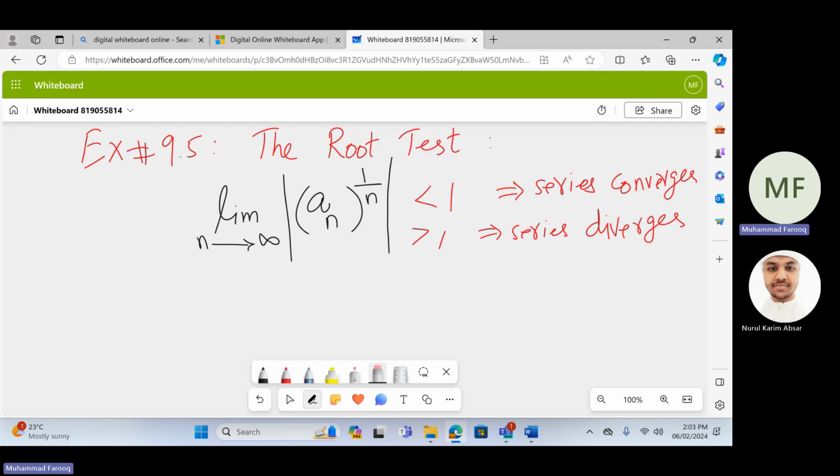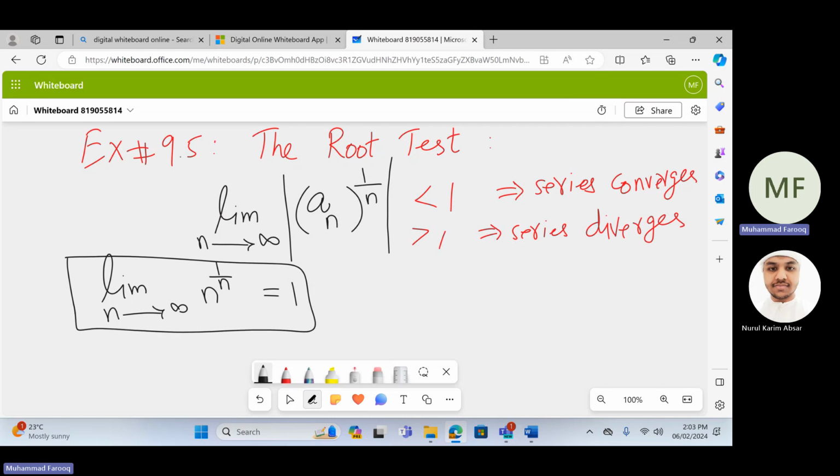Please note down this result: the limit as n approaches infinity of n raised to the power 1 by n, the nth root of n, is 1. It's a property, and it really helps, means you can easily get the answer with no need for further calculation.